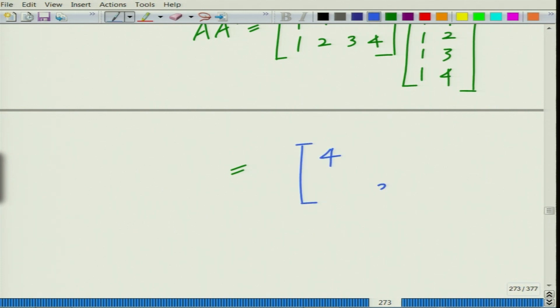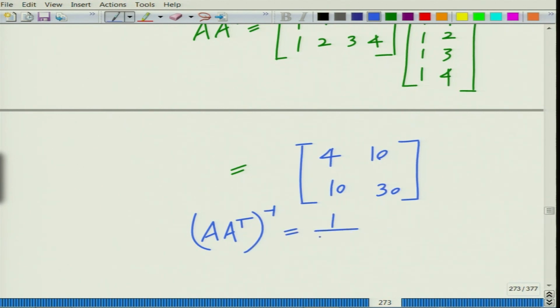This will be 4, this will be 30, this will be 4, the cross elements will be 4 plus 3 is 7, plus 2 is 9, plus 1 is 10, and A transpose inverse equals 1 over 120 minus 100 equals 20 times [30 minus 10; minus 10 4].